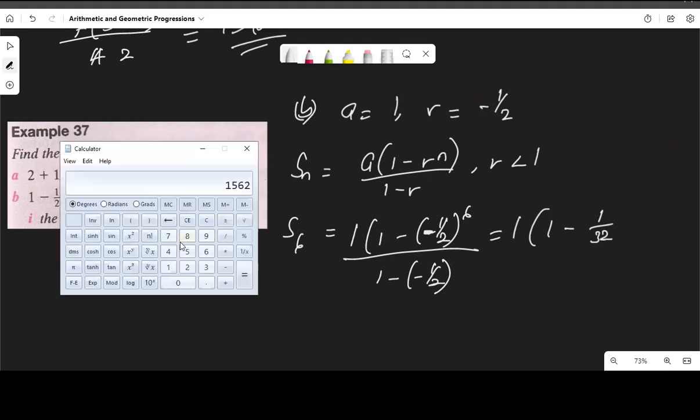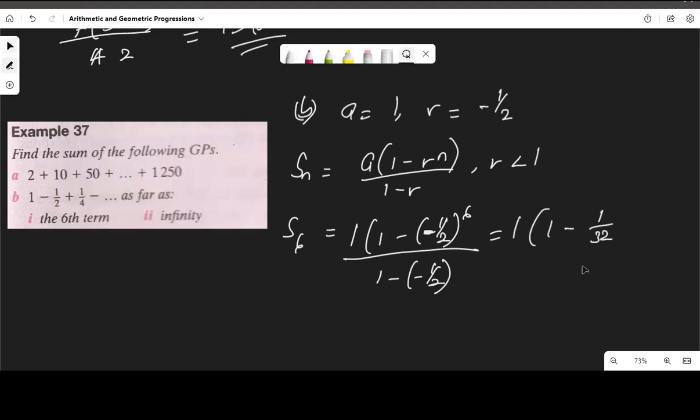Let's confirm that. 2 to the power of 6 is 64, all over 1 plus minus times minus is plus, 1 plus half.